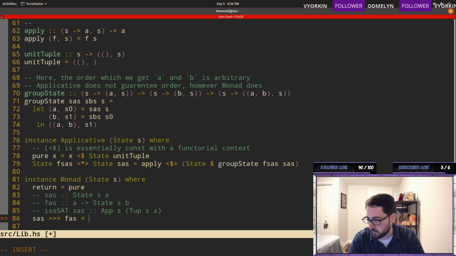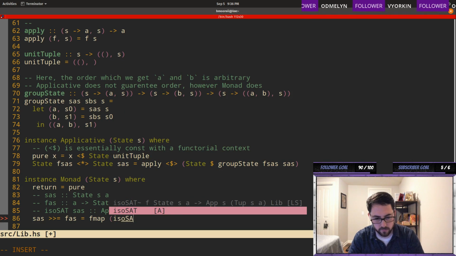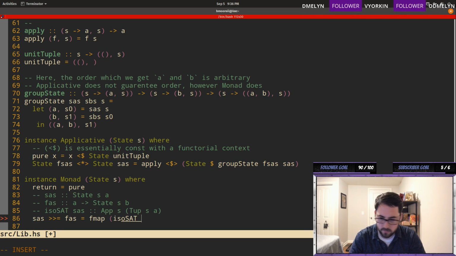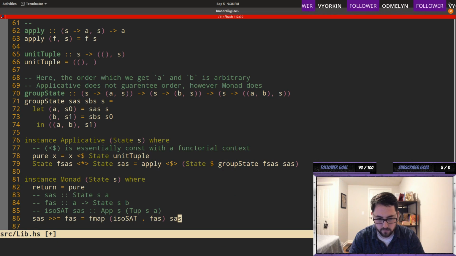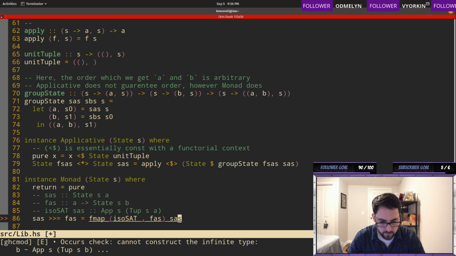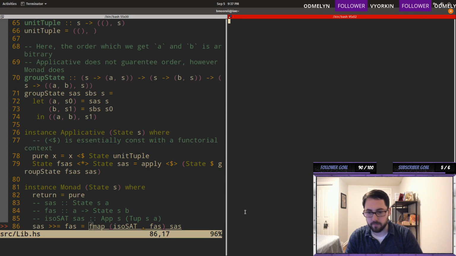Okay, we're gonna start with fmap, iso sat dot pass sas. Whoa. Oh, okay, good. I was gonna say. So what's the type here? Please show me type. Oh, it doesn't work, so it can't show me the type. Maybe it can. Okay.